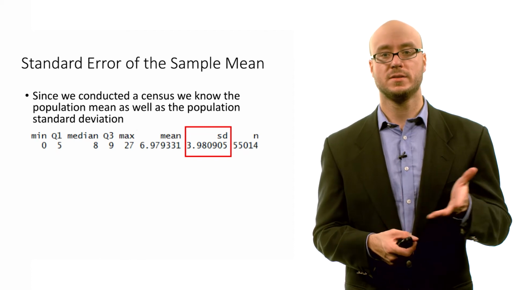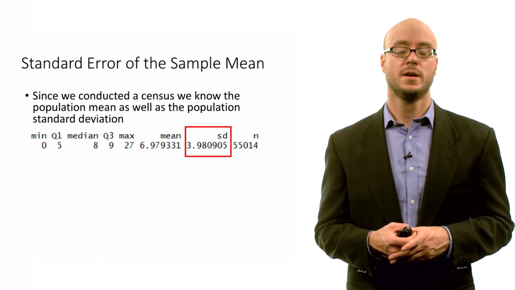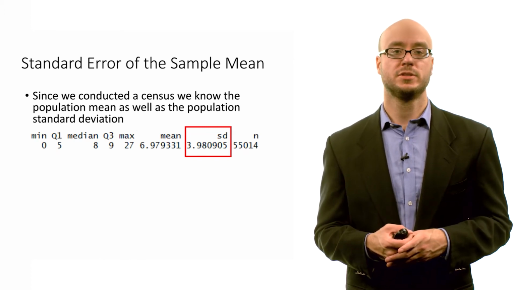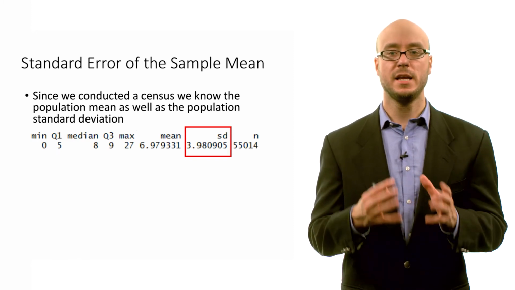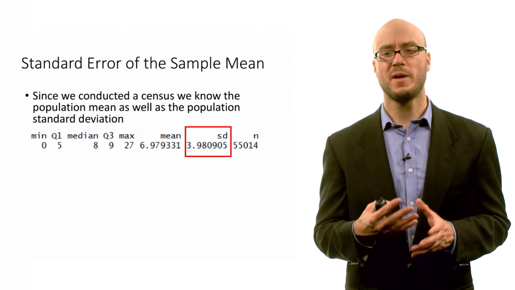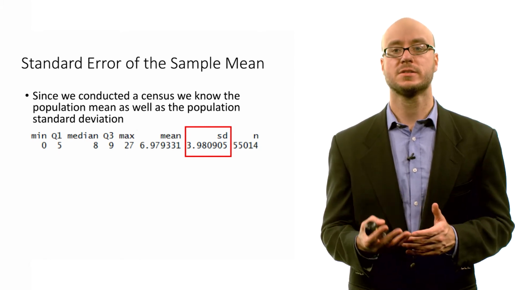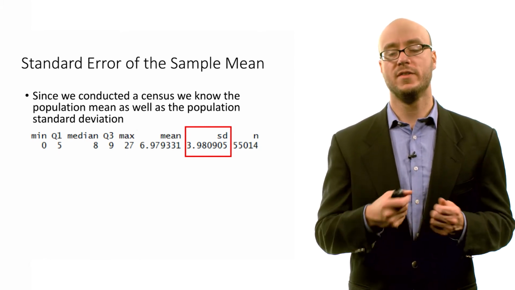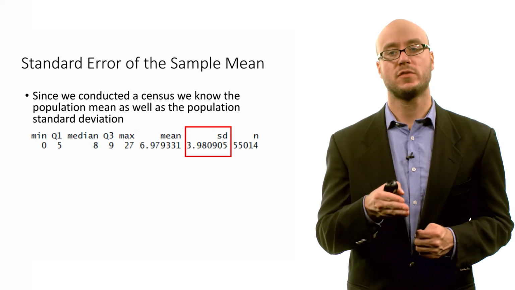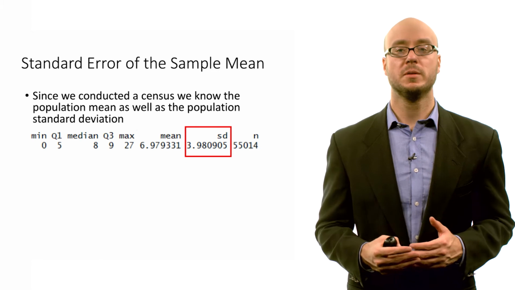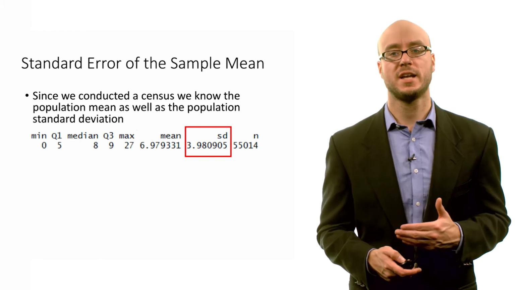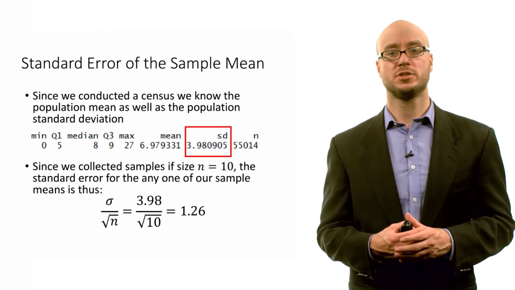These are the values for our data on educational attainment in Iowa using the full census data. We see that in the population, the standard deviation is about 3.98 years. That gives you the spread of educational attainment. And the average in the population is 6.98. In practice, we wouldn't observe these values, but it's useful for understanding the properties of the sampling distribution.